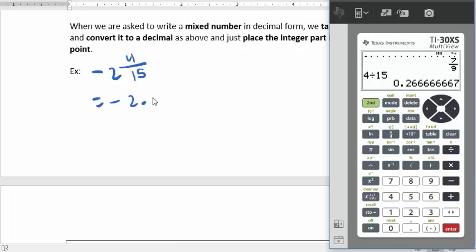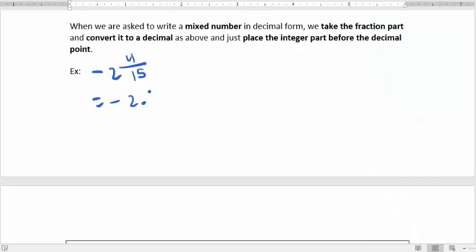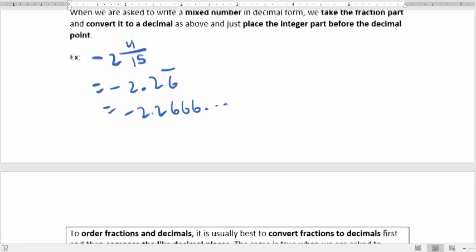So this is -2.26 repeating. Or again, I could write this as -2.2666, and then the ellipses for the repeating. So you can just put the whole number part out front, and then just convert the fraction part to a decimal.